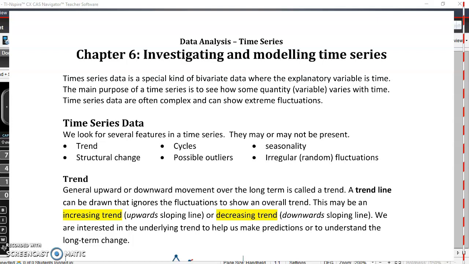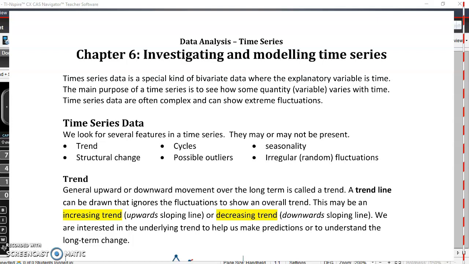You've probably seen graphs about the change in temperatures over the past 100 years, and we're looking at a trend to see, are they increasing? Are they decreasing? We also look for cycles and seasonality. They're the two other big ones we look for.